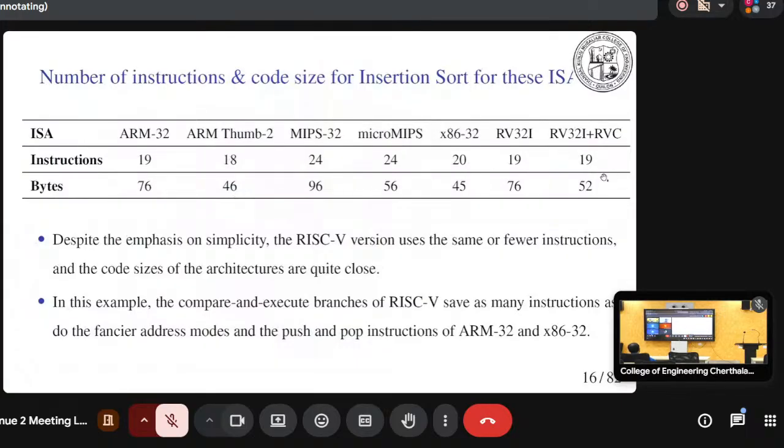And you can see RISC-V too will take around 90 instructions and it will also lead to 76. So here also it is compared, RISC-V and ARM-based processors, and the mix is also compared. So you will not lose performance if you go with RISC-V. That is the underlying point.